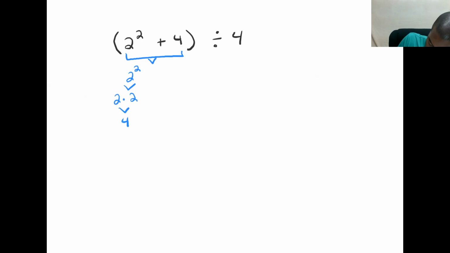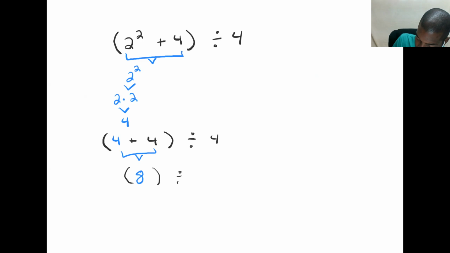I'm going to rewrite it so it's clean. It's going to be 4 plus 4, because I didn't do anything to it yet, divided by 4. Now I'm going to evaluate whatever's inside the parentheses for sure. 4 plus 4, it's much easier to deal with, is 8. 8 divided by 4, it's the only thing that's left. 8 divided by 4 is 2.